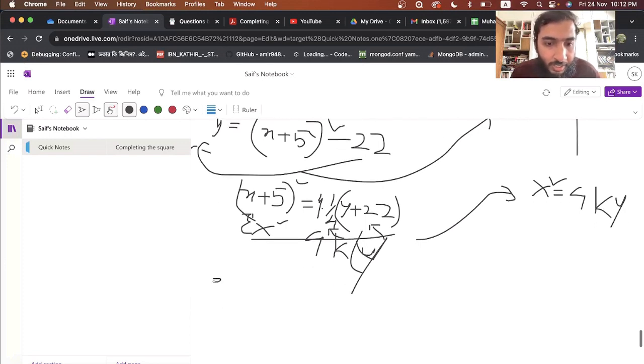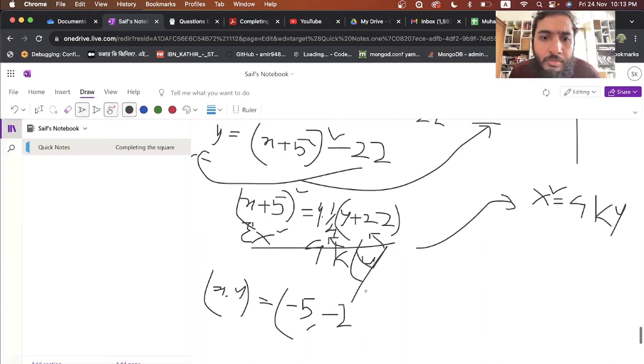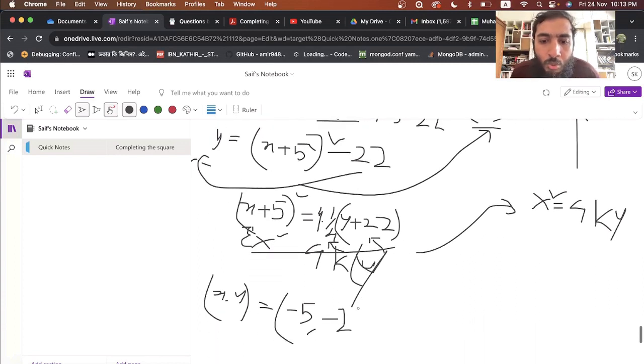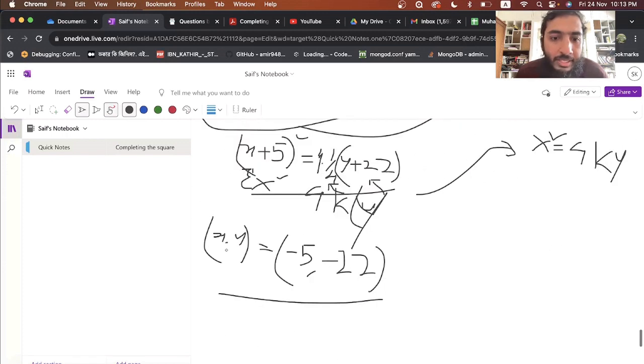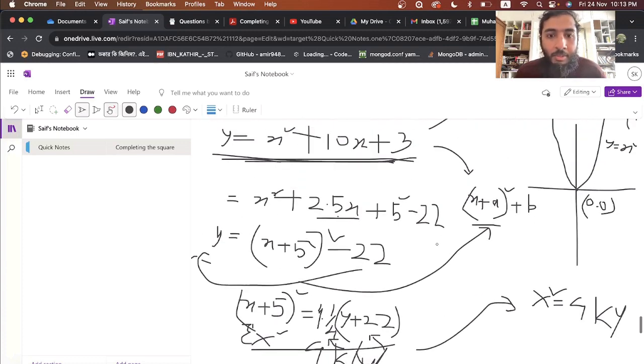So the coordinate xy, or the minimum value, would be, from x plus 5 whole square, for x it would be minus 5, and for y plus 22, the y coordinate would be minus 22. So this is the minimum value of x and y, the minimum coordinate of this parabolic equation.